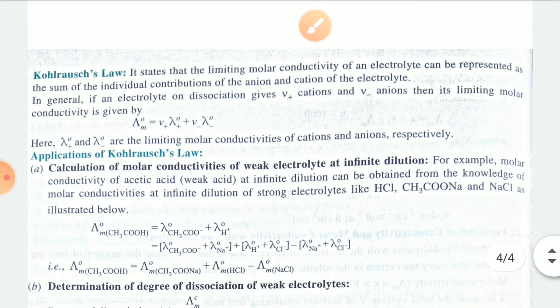Now, Kohlrausch law of independent migration of ions. Kohlrausch law states that the limiting molar conductivity of an electrolyte can be represented as the sum of individual contributions of the anion and cation of the electrolyte.